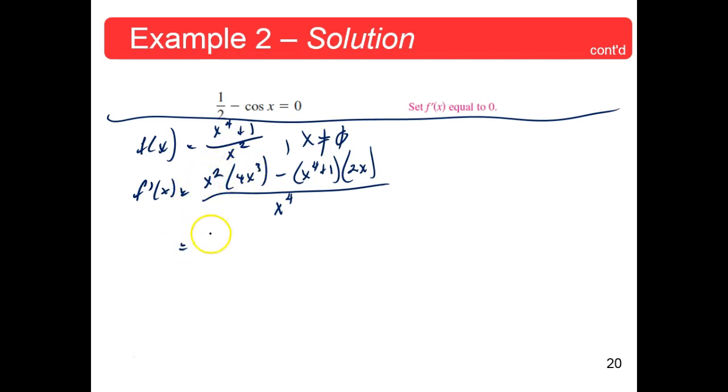The first term here would be 4x to the fifth minus, now you got two terms here. You got to distribute the 2x over both of the terms in there. So what's the first going to be? 2x to the fifth, and it's a minus, right?